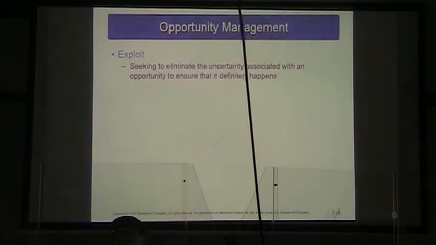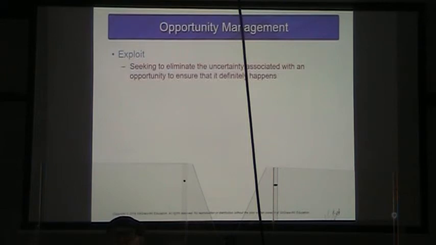All right, well, sometimes an event that happens is not a severe risk or doesn't have a bad impact on our project. It may be an opportunity. So, the first way we can deal with this is exploit the opportunity.